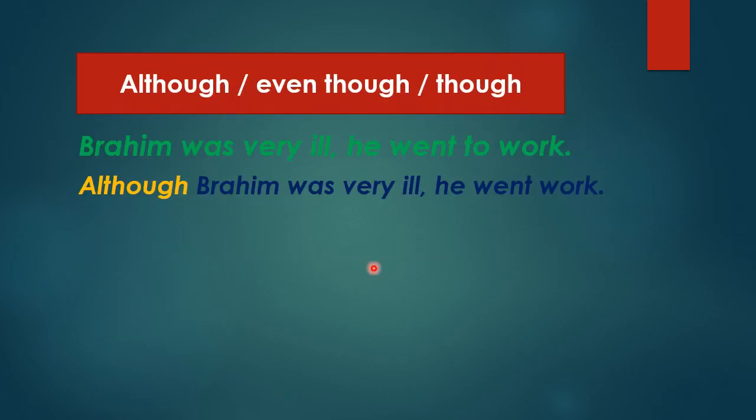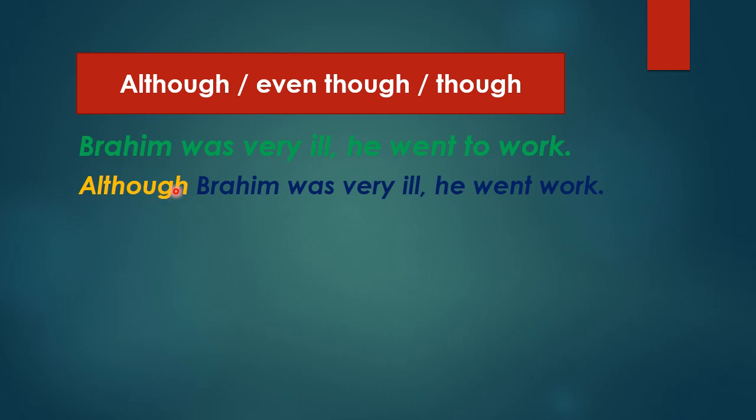Now, the third one, although, even though, right? So, the three items here are exactly the same. The first one, although, of course, is more formal than though. For example, look at this example. Brahim was very ill. He went to work. We can say, although Brahim was very ill, he went to work.